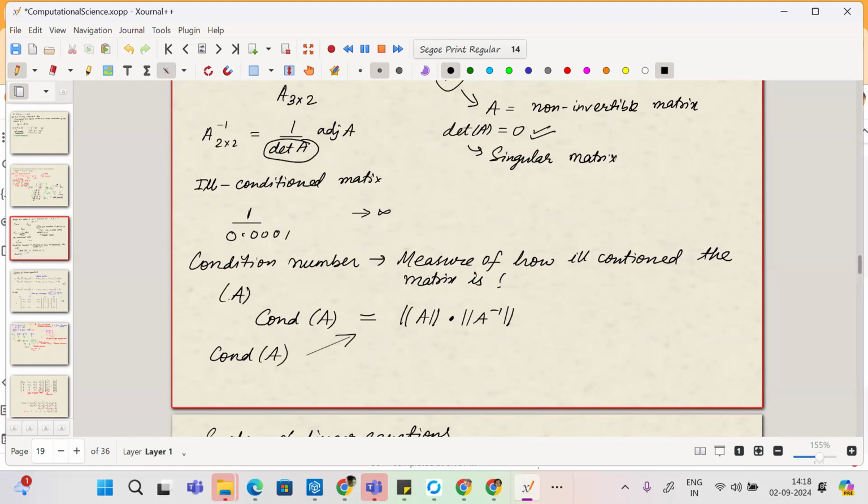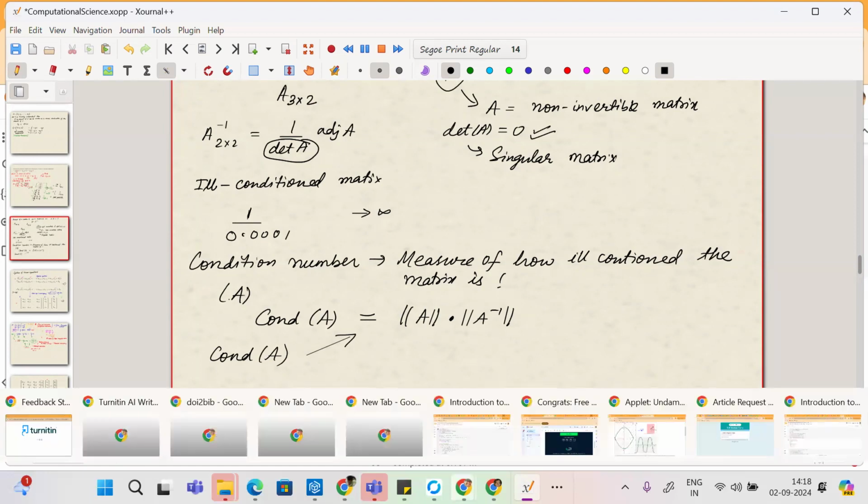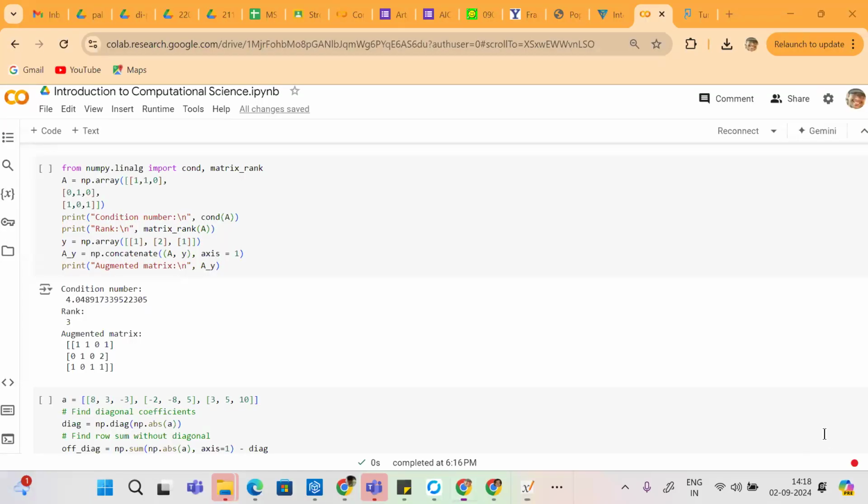Now we will see in Python how you can compute the condition number for a given matrix. You can see here this is the matrix A we are taking, and I am importing cond.